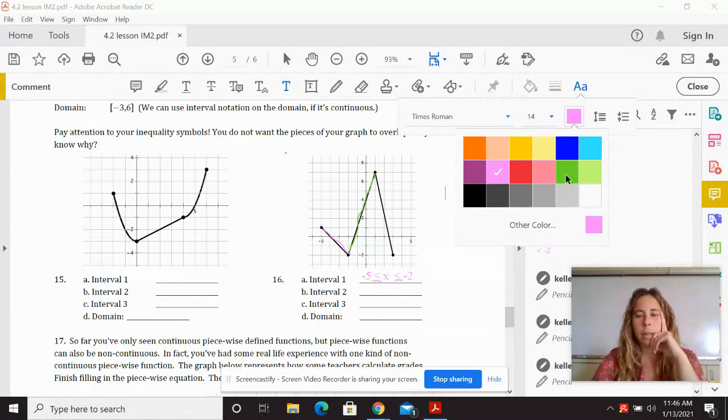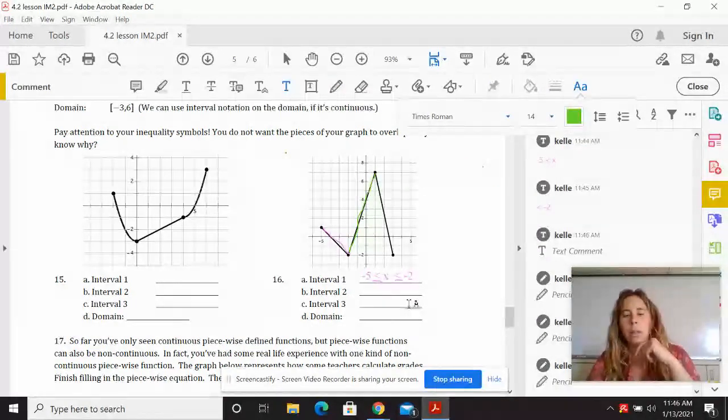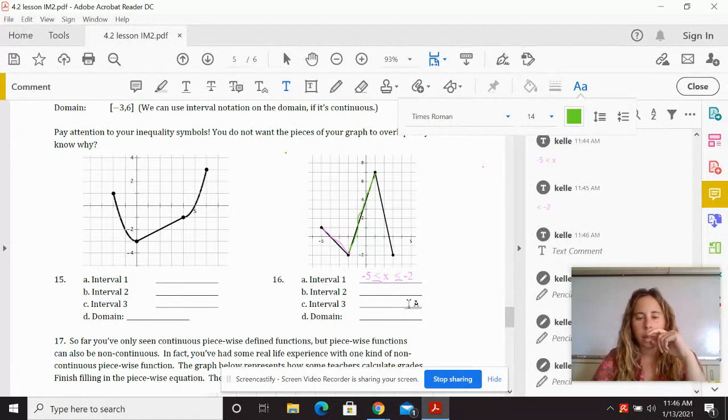We match it. So this is -2. And then because I made the first one equal, this one is not going to be equal to.